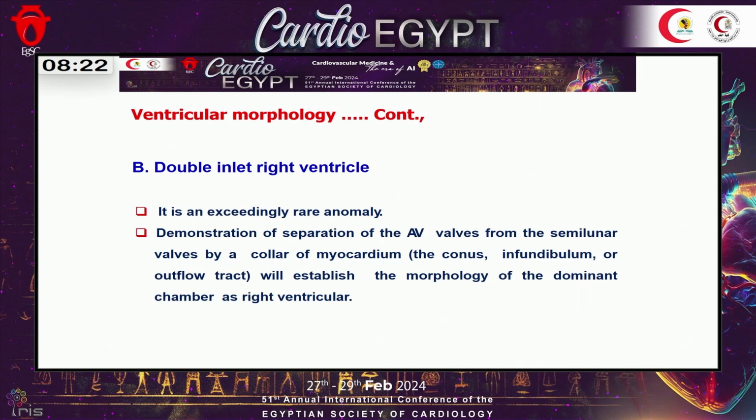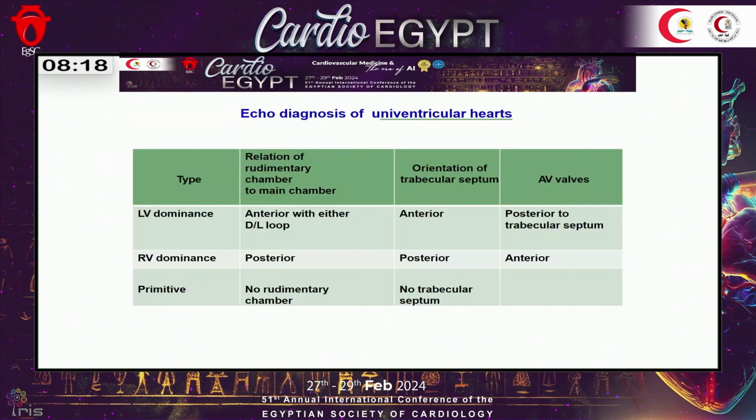Double inlet right ventricle is extremely rare, and we can differentiate between the types of double inlet ventricle by the dominant ventricle. If it is of left ventricular morphology, the rudimentary chamber is usually anterior, either to the left or to the right, and the trabecular septum is anterior, while the AV valves are posterior to it.